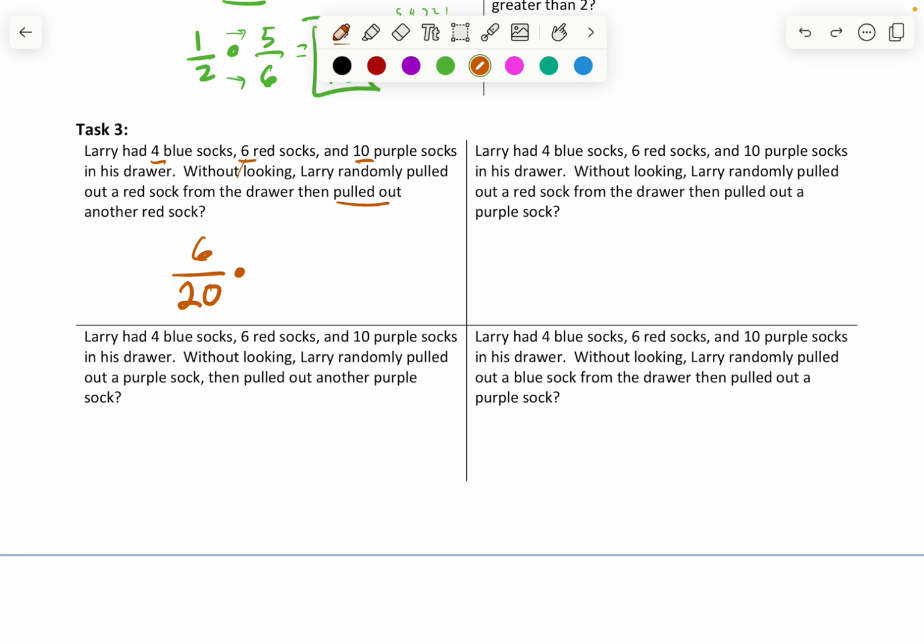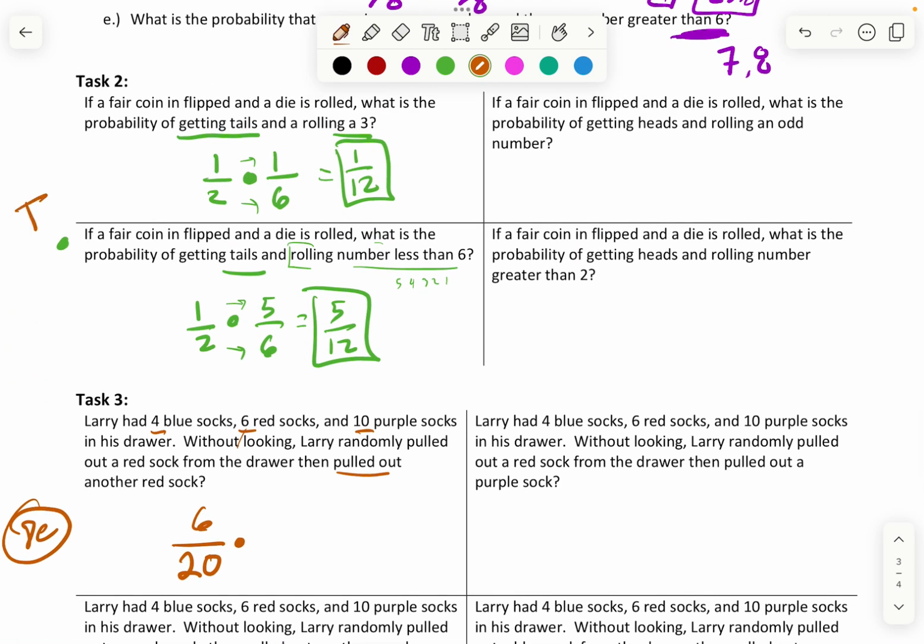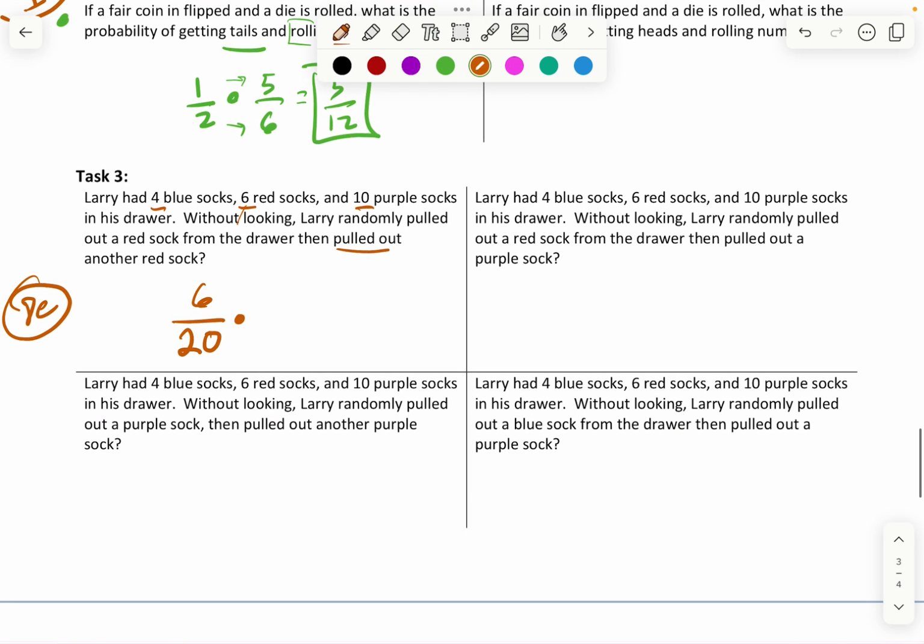Okay, so this is where it's going to be dependent, not independent anymore like this. These are all independent because they didn't affect each other. These will probably be dependent because you're taking socks out of the drawer. It's going to affect the second one. So how many socks are left? Well, we took 1 sock out here. So there's only 19 left.